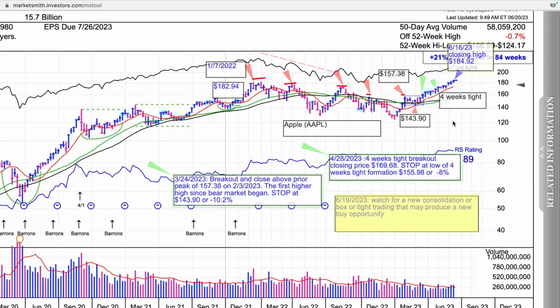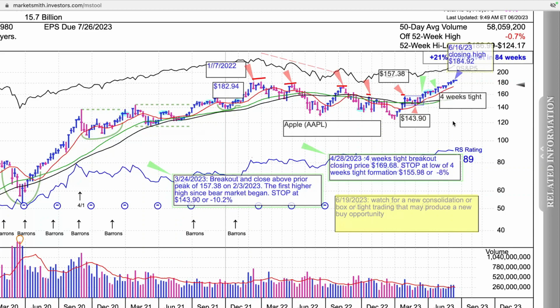And so again, that puts us into July. So Apple is definitely something to pay attention to. You want to try to look for a new basing period or a new sideways period with tight closing prices.